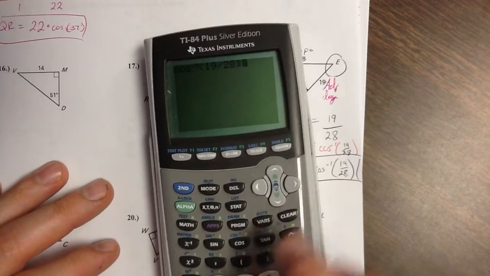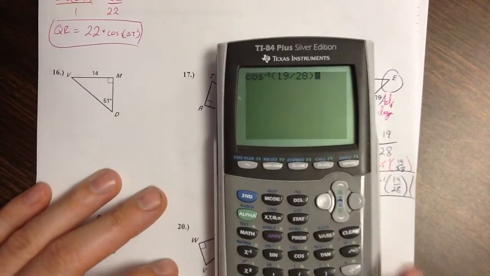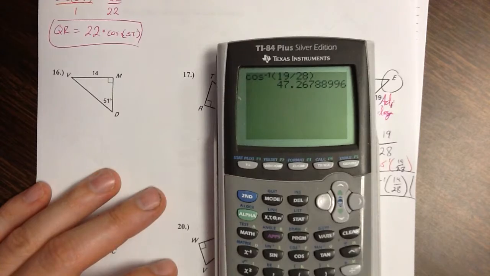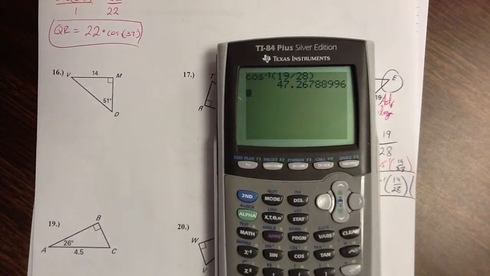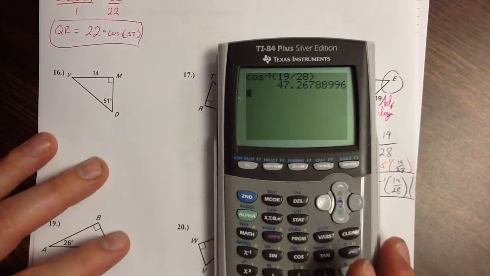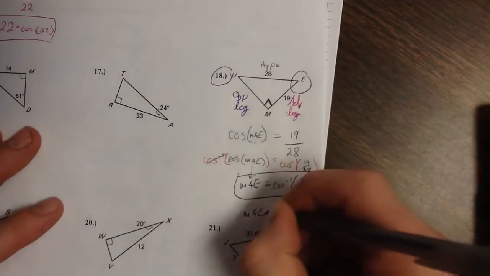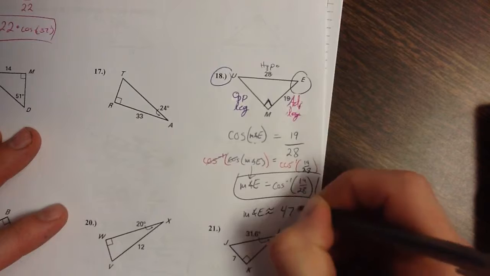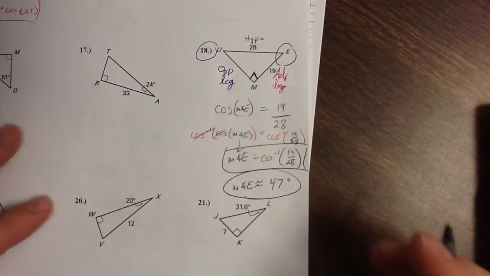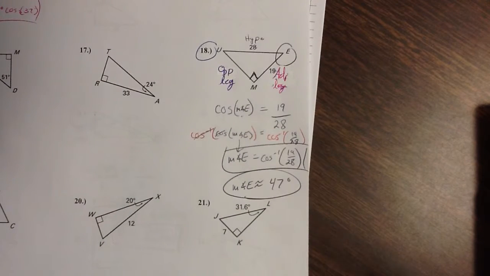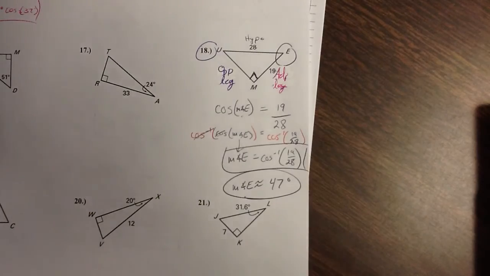We'll type in our fraction, which is 19 divided by 28, close our parentheses, and hit enter. We're going to round our angle measurements to the nearest whole number, so that would be 47. So the estimation would be 47, and that's the rounded answer. Okay, and that's a review on trigonometry.